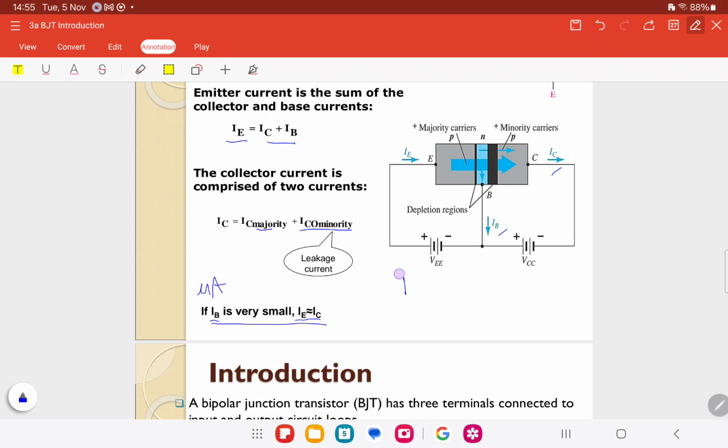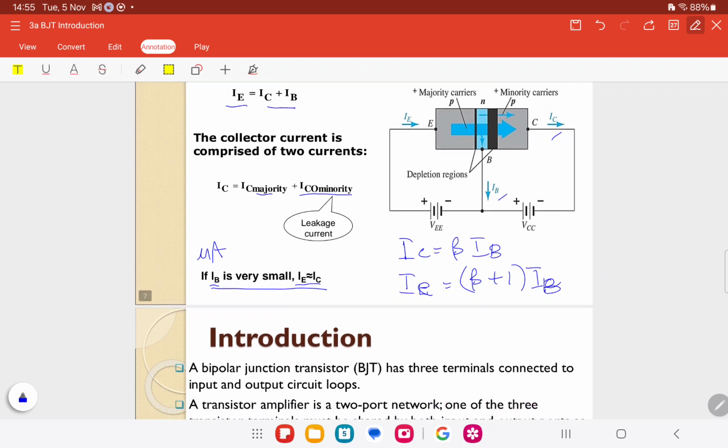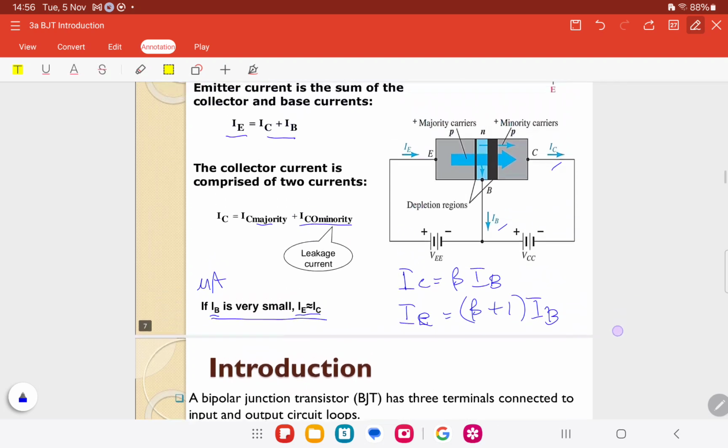So another one is IC equals beta IB, and IE equals beta plus 1 times IB. These are the expressions. This will not be given, you must remember them.